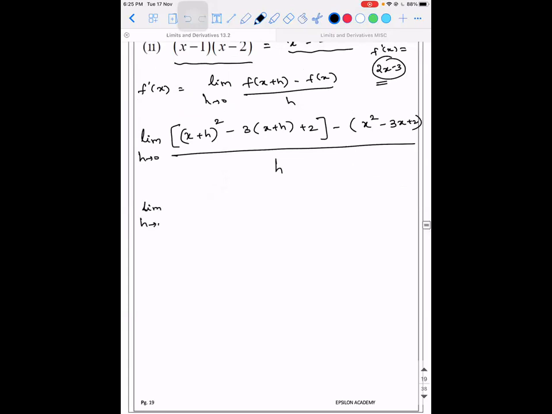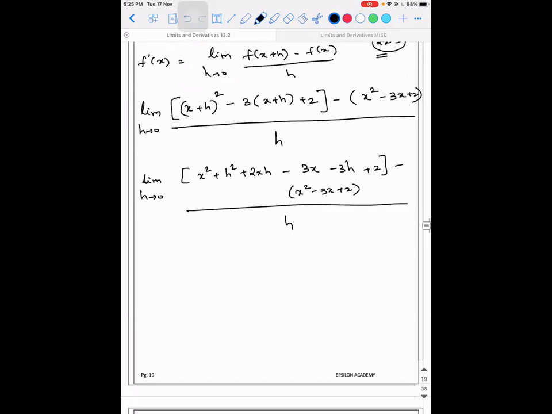So that is limit h tends to 0. X plus h the whole square is x square plus h square plus 2xh minus 3x minus 3h plus 2, minus of x square minus 3x plus 2, the whole divided by h. So what will get cancelled? X square is gone, minus 3x is gone, 2 will also be gone. Means the original function will get cancelled.